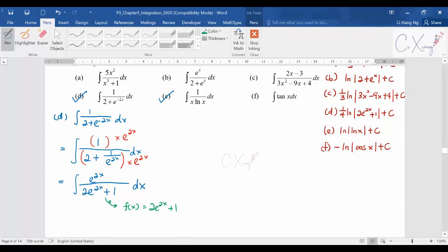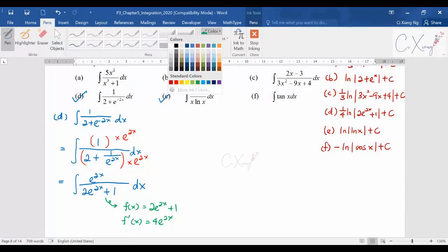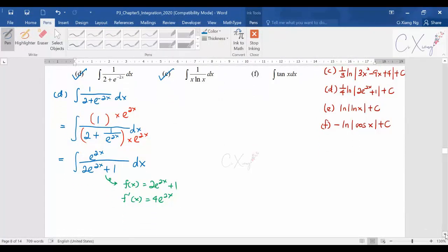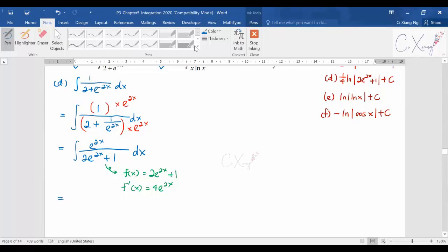When you do the differentiation for fx, your f prime x should be 4e to the 2x. So you'll see that you have e to the 2x on top, you left off a 4. Therefore, to apply the method that I showed you just now, what you can do here is try to do some adjustment. To do the adjustment, you just copy back the fraction that you have.